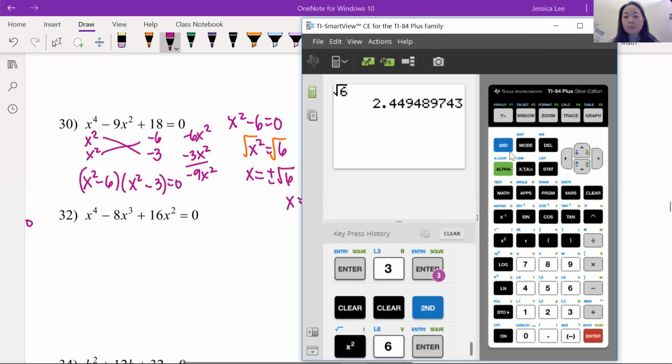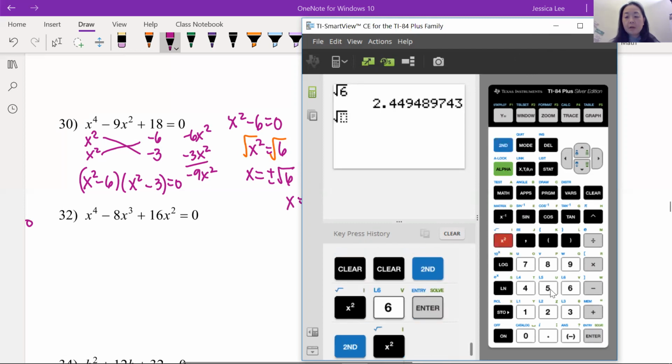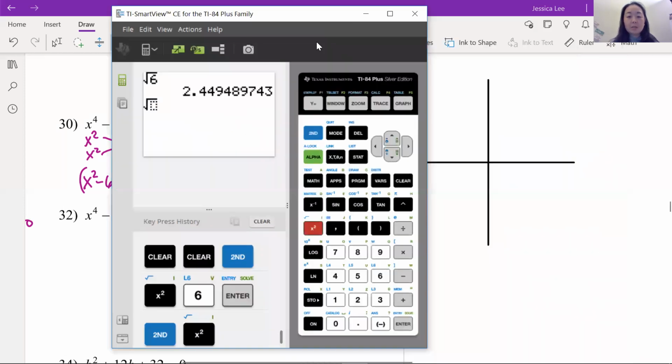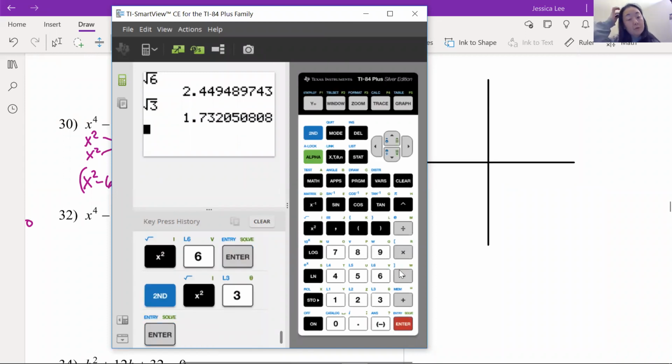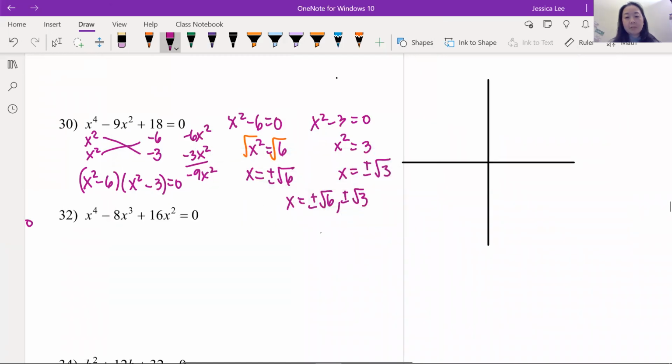And square root of 3 is going to be 1.7. We don't need to round that much.